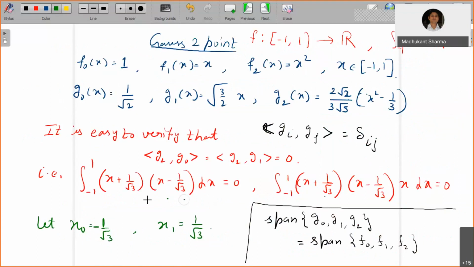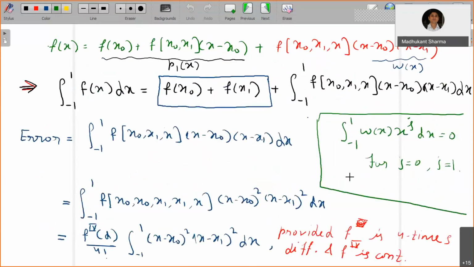This is your w of x, so w of x into 1, w of x into x, that is going to be 0, integration over -1 to 1. With the help of this, we are going to use the recurrence relation of the divided differences, like we have done for the midpoint rule and for Simpson's rule.